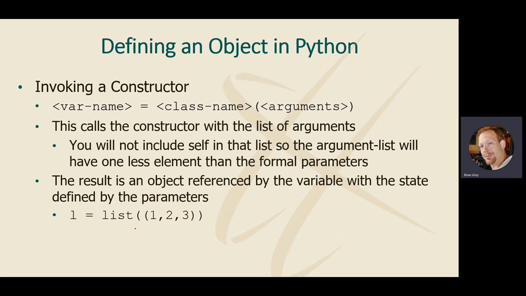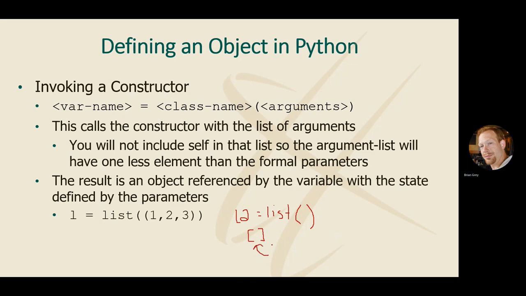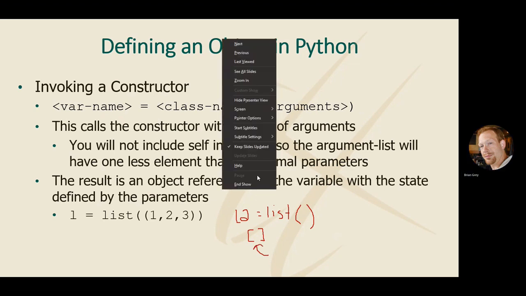And that will be the state of our list L. If we have another list, L2, and we say equals list, and we don't provide any parameters to it, any arguments to it, it will still set up the list, and it will contain the empty list, right? It will just default values so that this still gets set up. And we'll take a look at how to do that.